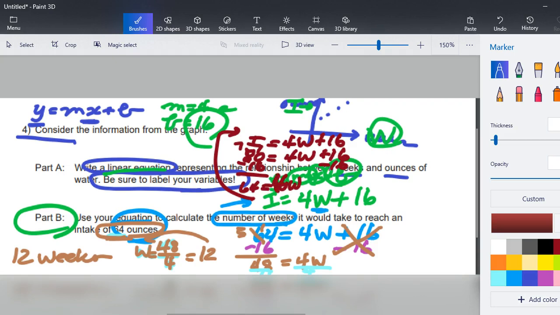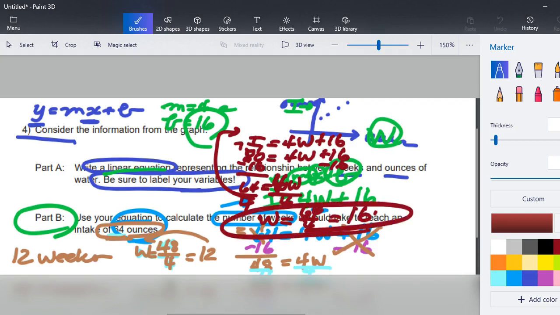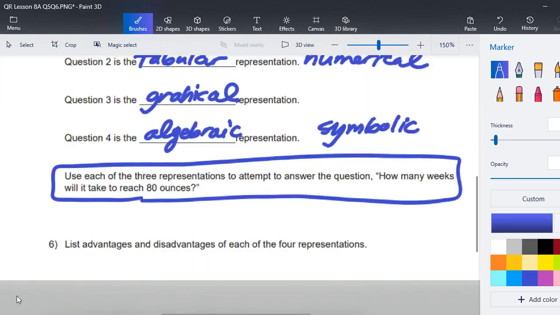Divide by 4, divide by 4. And the weeks with 64 divided by 4, we're going to find that we need 16 weeks, which we already knew, but the idea is to show you what it would look like with a table, with a graph, and with an equation.